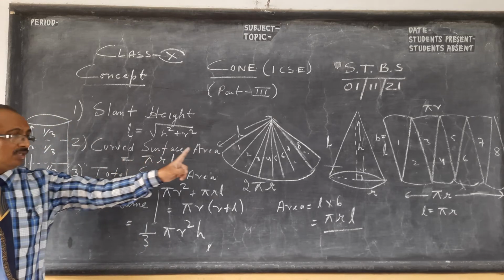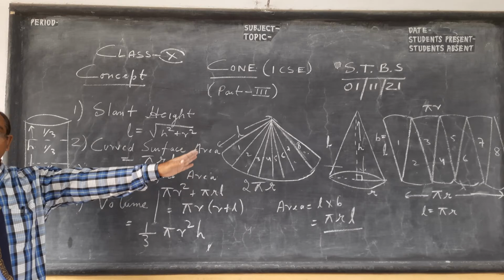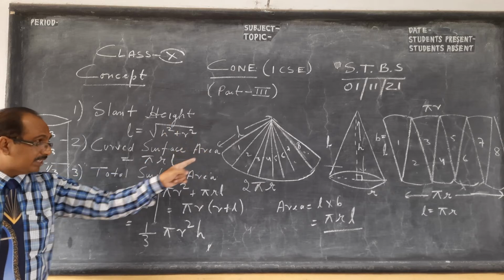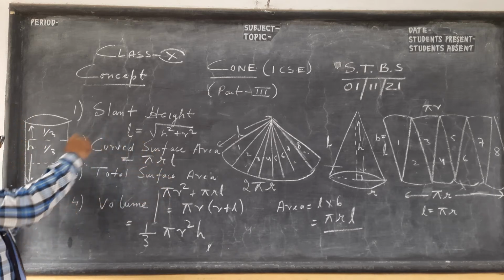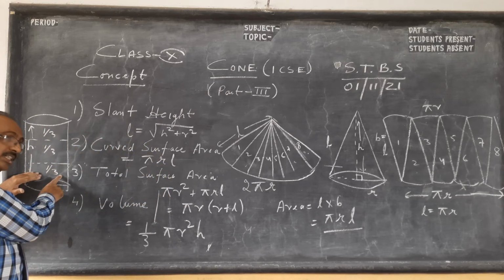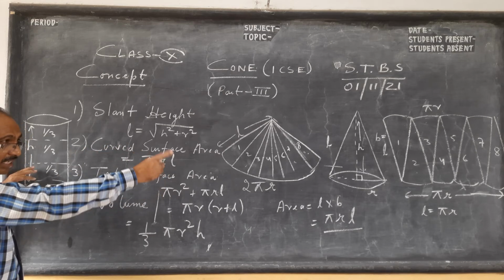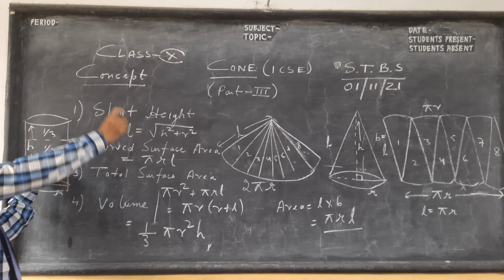Once more, we take 3 cones of the same radius and same height, and we take a cylinder of the same radius and same height. We put sand from the cone here once, and it will fill 1/3. Again you take the same cone with the same radius and height as this cylinder, and I pour a second time.